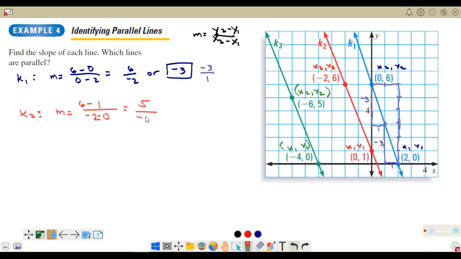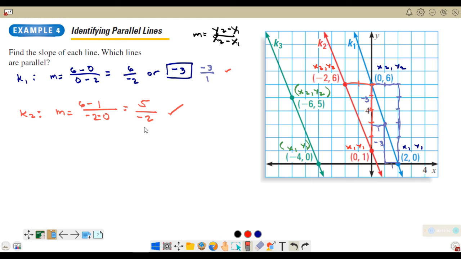Negative 2 minus 0 is still negative 2. Check natin yung property niya. So, pagka tumaas daw siya ng 5 beses, 1, 2, 3, 4, 5, yan, tumaas siya ng 5 beses. Pupunta siya sa kaliwa 2 times: 1, 2. Okay, so tama yung slope natin. Tama rin yung slope natin dito.